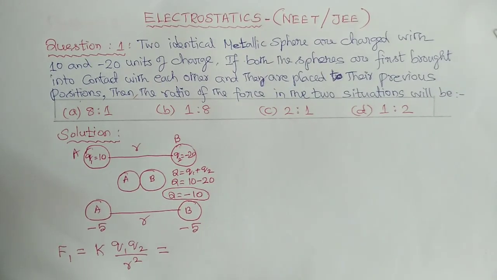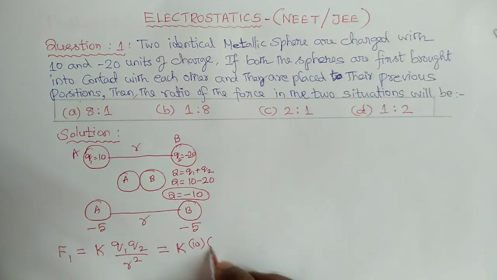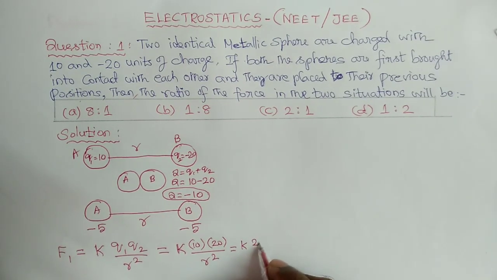So Q1 is 10 units, Q2 is 20 units. So K into 10 into 20 divided by R square. So what's the value now? K into 200 divided by R square.